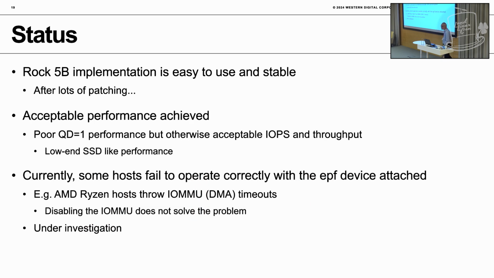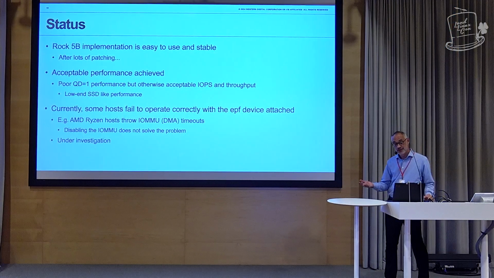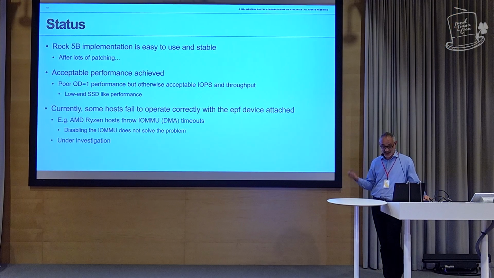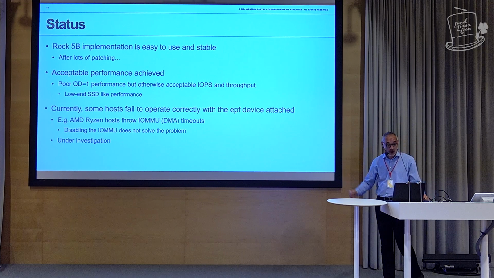Okay, so status. The ROC 5B implementation is easy to use, stable, but we had to do a lot of patching. I mean, Niklas did a lot. I did some as well. Performance overall, I'd say it's acceptable, except, of course, the QDEPS1 case.